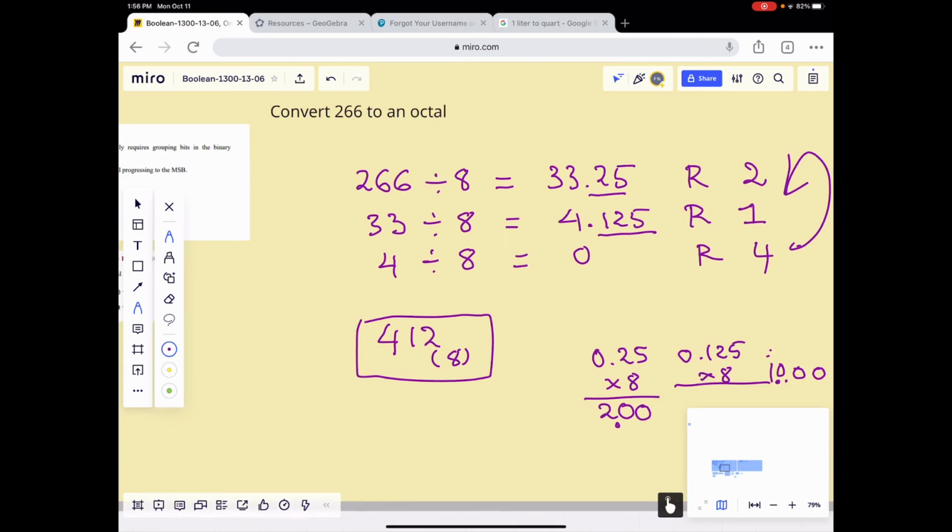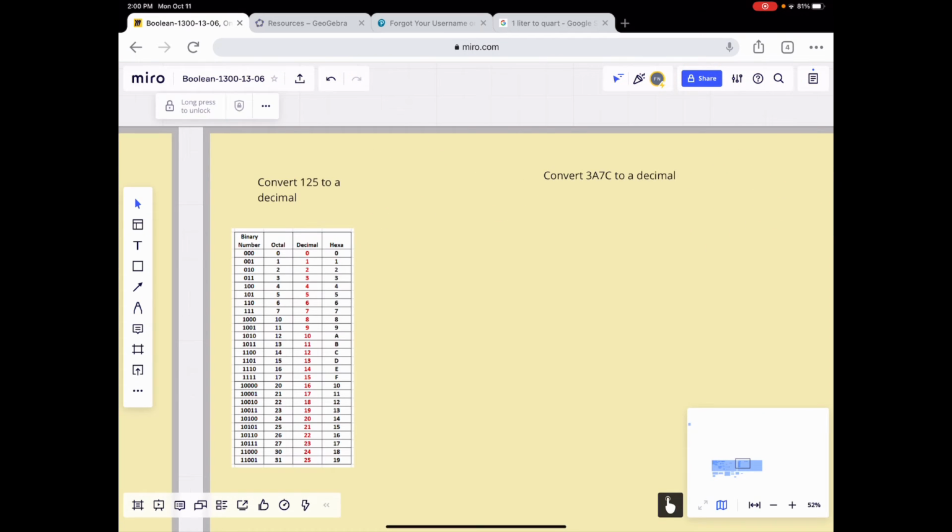For the hexadecimal one, in the next section we're going to talk about how to convert from hexadecimal to decimal. As you can see, hexadecimal has 16 digits, from 0 to 9, and then A, B, C, D, E, F, representing 10 to 15.